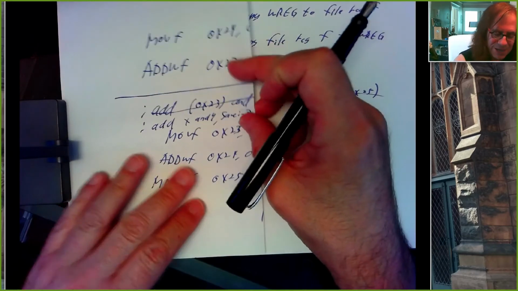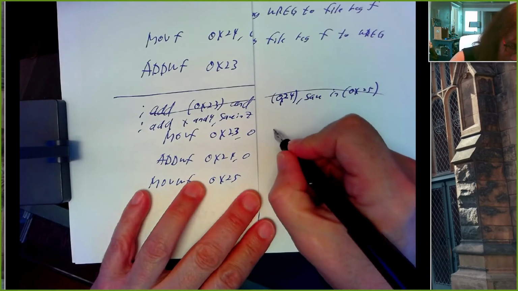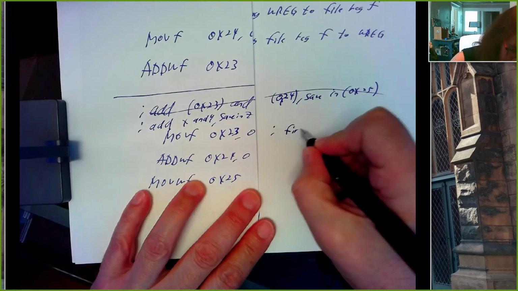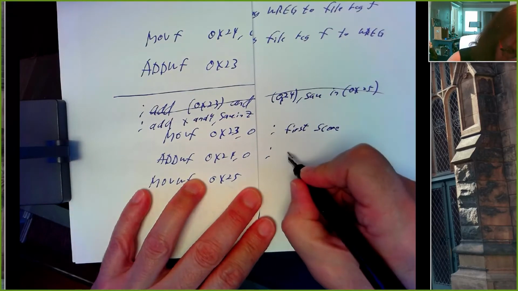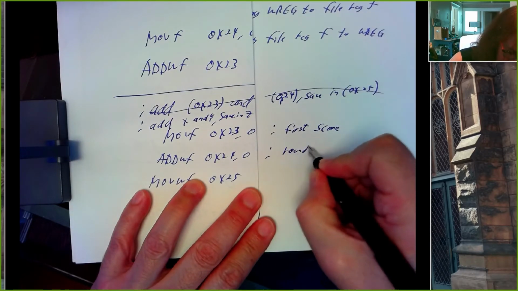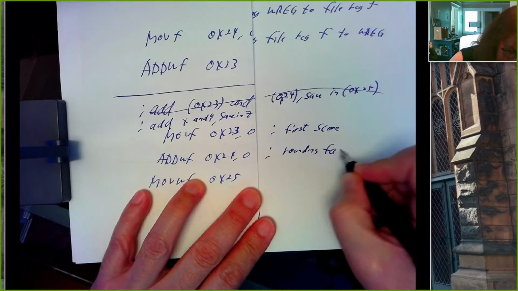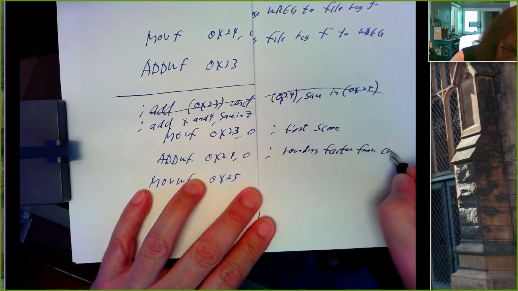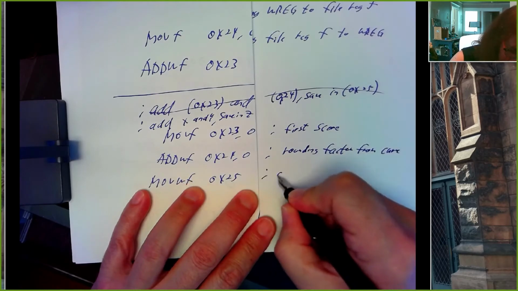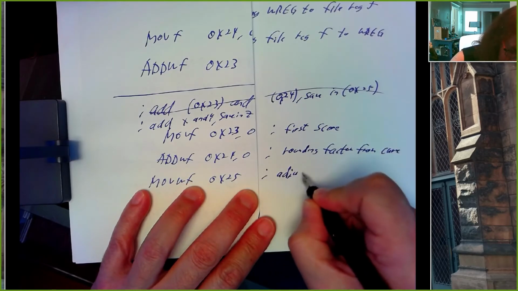And then down here, I might say something like, first score, rounding factor from curve, and then this is the adjusted score.